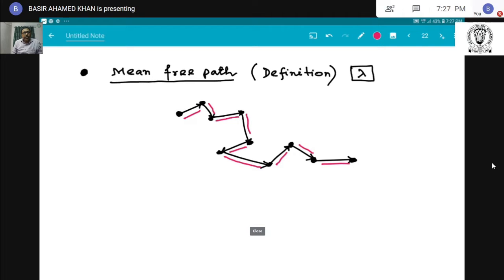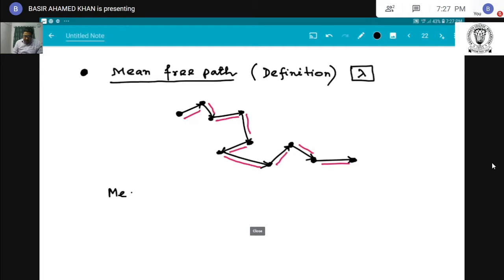If we take the average or mean of the free path, then this average free path is called mean free path. That means mean free path is the mean or average value of free path.